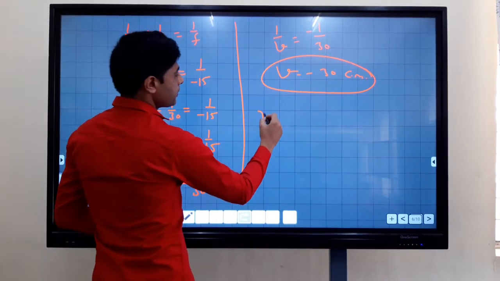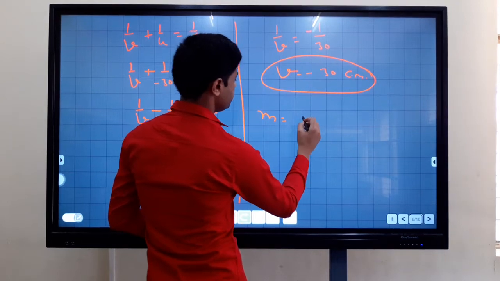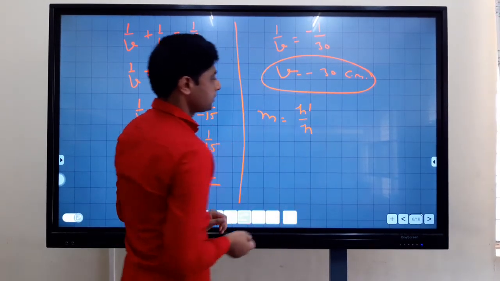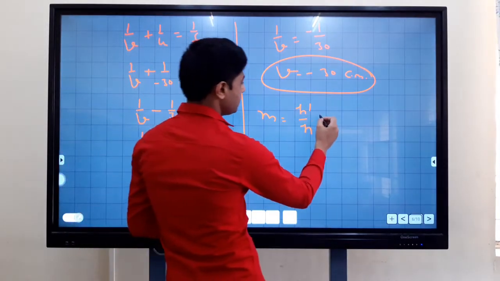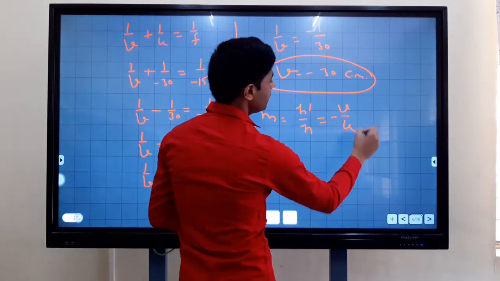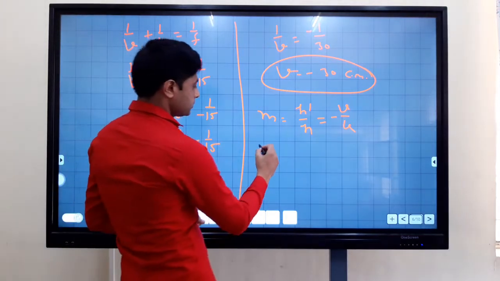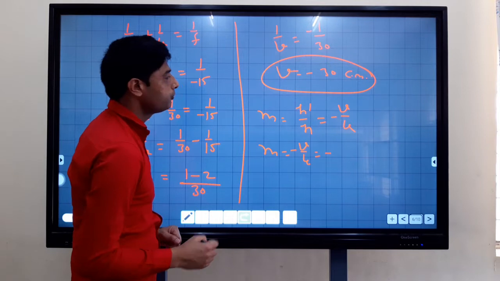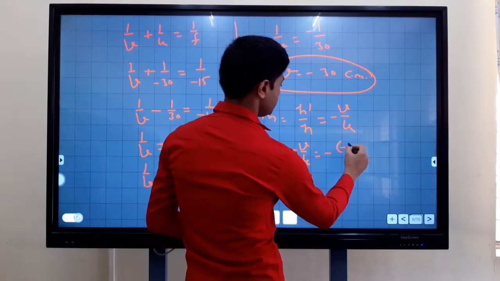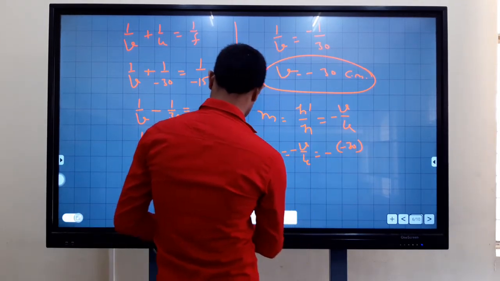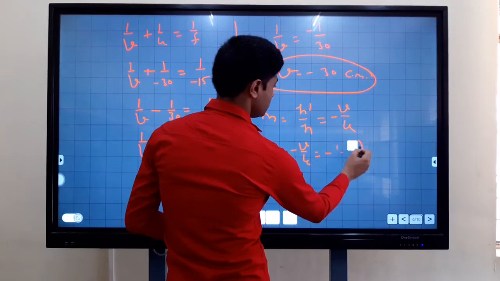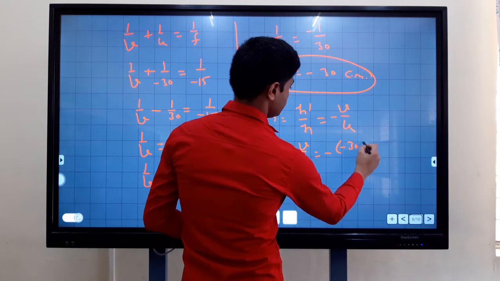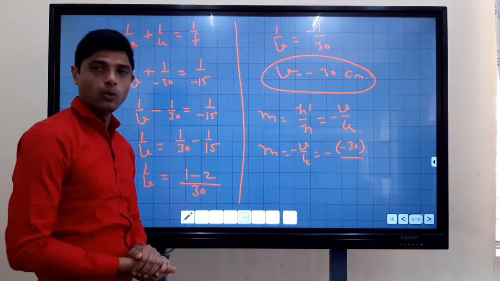As you know, m equal to h dash upon h, or h dash upon h equal to minus v upon u. So m equal to minus v upon u. The value of v is minus 30, and the value of u is also minus 30.